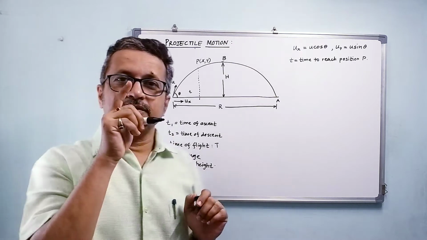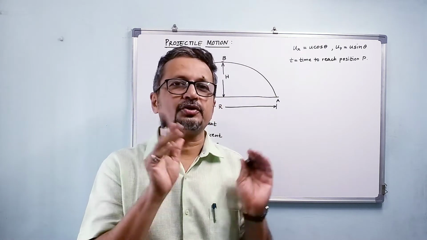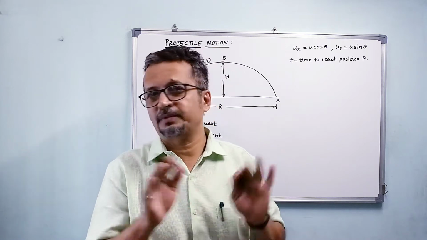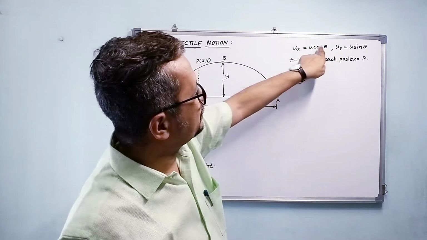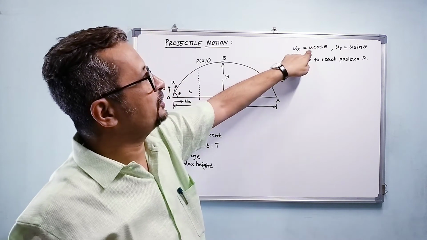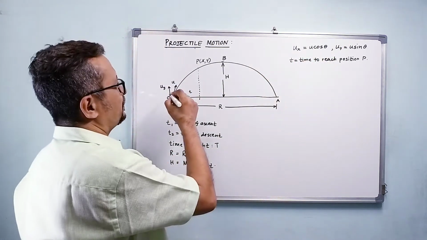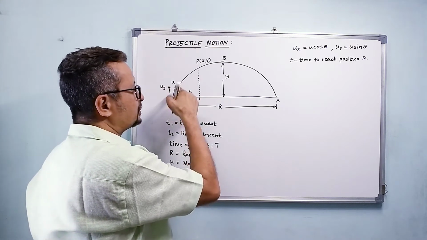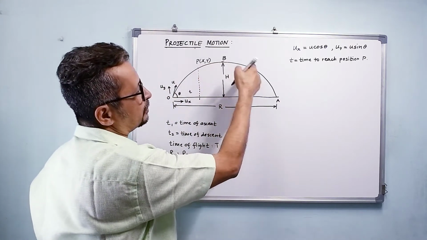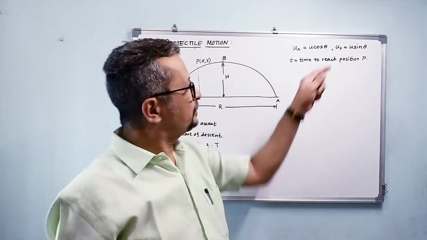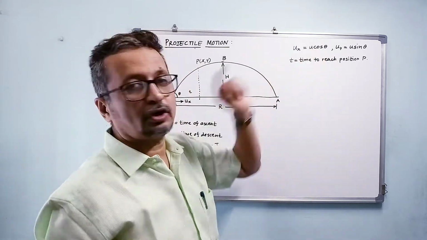Now since there is no acceleration in the horizontal direction, my horizontal component of velocity is going to remain constant. So I know that my ux, or u cos theta, is constant. Whether my projectile is here or here or here, my horizontal component of velocity will remain what it was in the beginning, u cos theta.